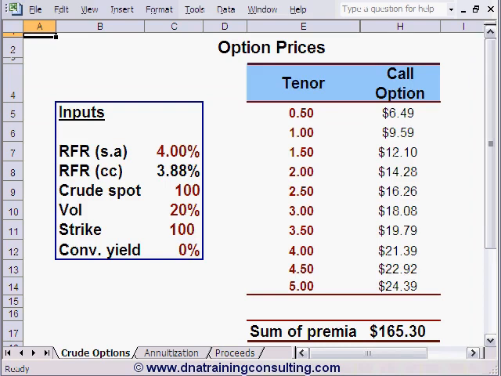Worksheet Crude Options permits us to price European calls on crude using a model identical to that for pricing equity or currency options. A model of this kind assumes geometric Brownian movements in the spot price, something we argue does not apply in the case of crude oil and most commodities over the long term.